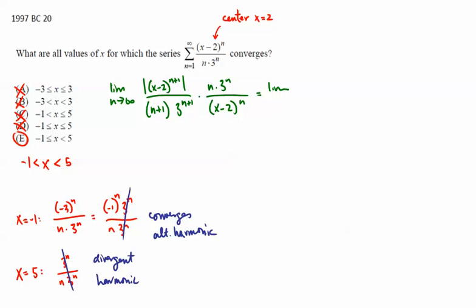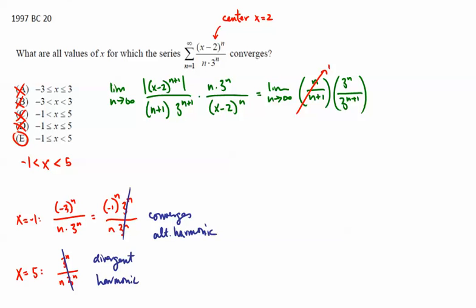Now, simplifying, we get n over n plus 1. We know that that limit is 1. Then we have 3 to the n over 3 to the n plus 1.